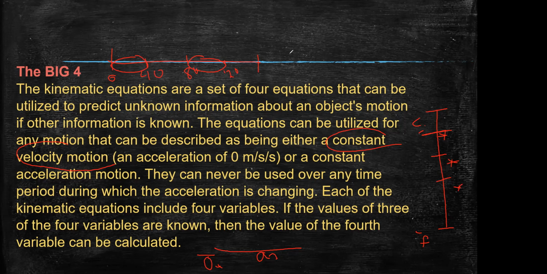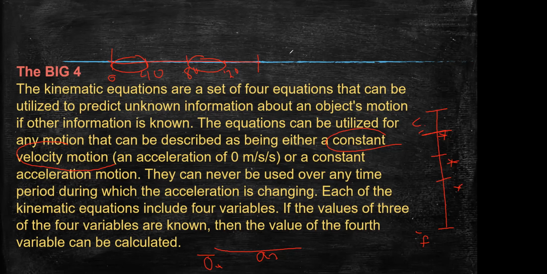But if the acceleration is changing, and we will talk about it later on in the next chapters, I cannot use these equations. So they can never be used over any time period during which the acceleration is changing. Each of the kinematic equations includes four variables, which are d, t, v, and a.